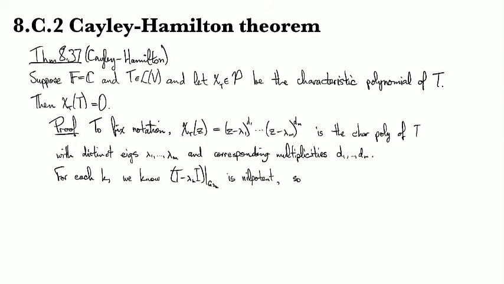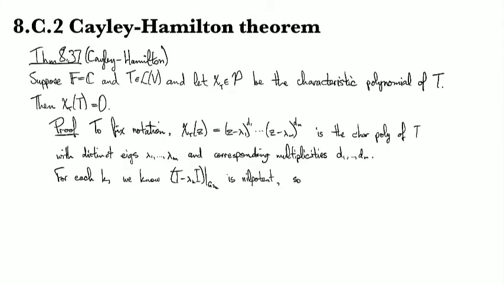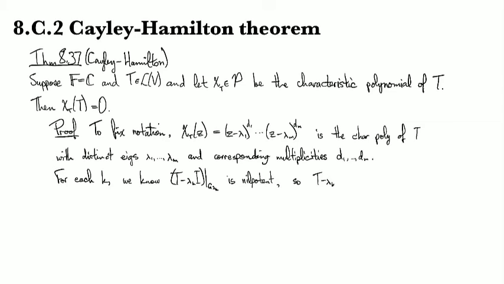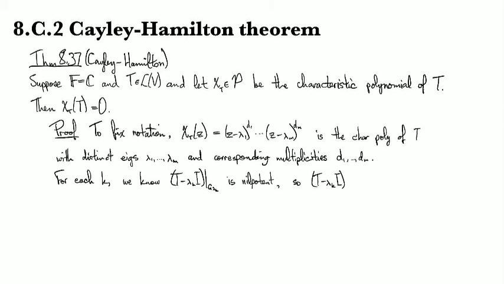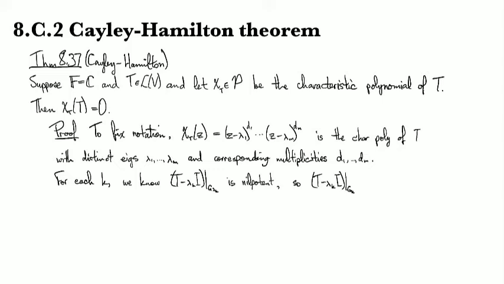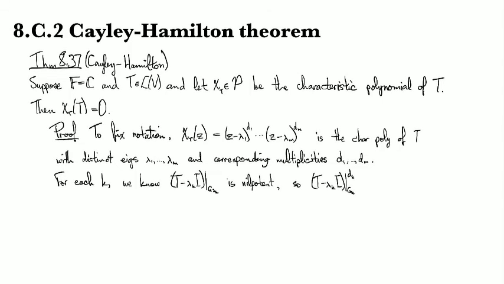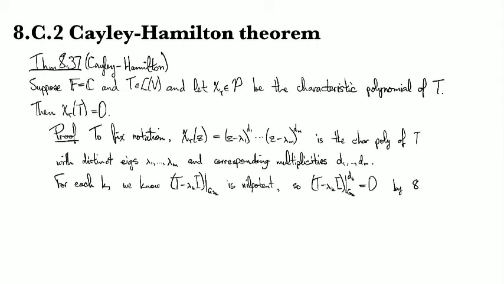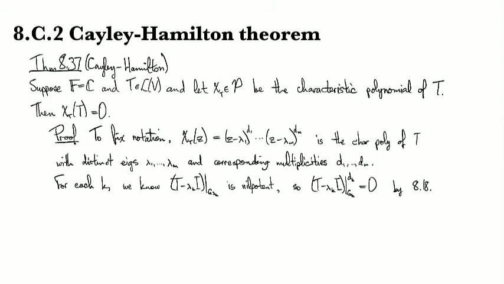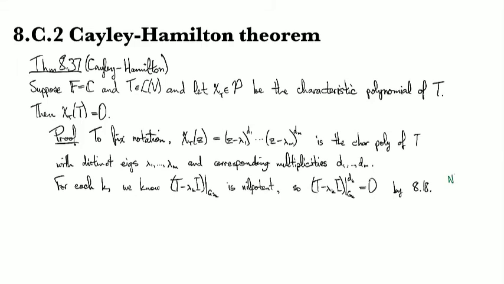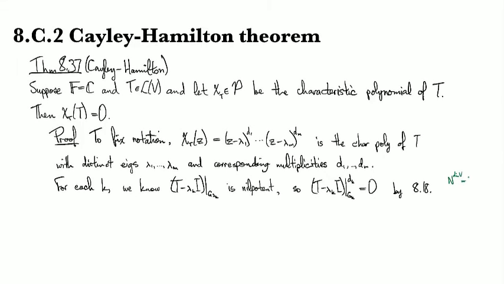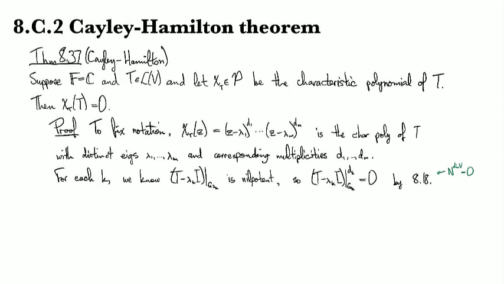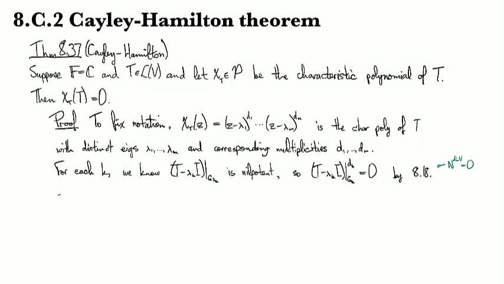And we know that the dimension of G(λk) is a big enough exponent to raise this nilpotent operator to kill it. So if we raise it to its dimension, which is dk by definition, this is going to be equal to 0 by 8.18. That was the one that says that N raised to the dimension of V power is the zero operator.